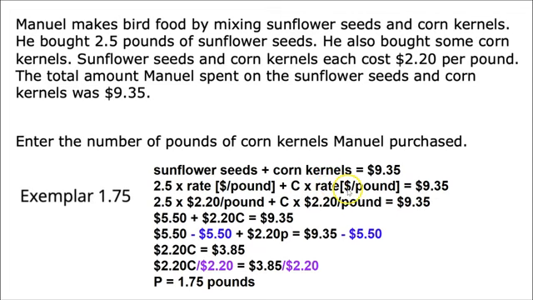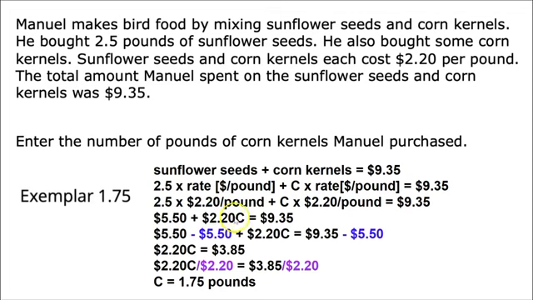And then from there, now we got to solve this algebraic equation. We take 2.5 and times it by the $2.20 as the cost of the sunflower seeds. Now we have the $2.20 times whatever the pound amount of corn kernels.